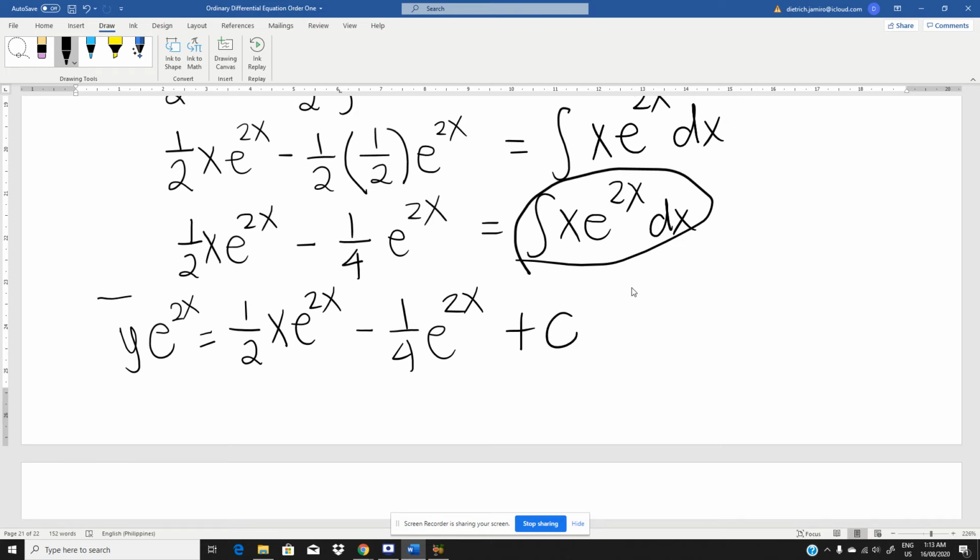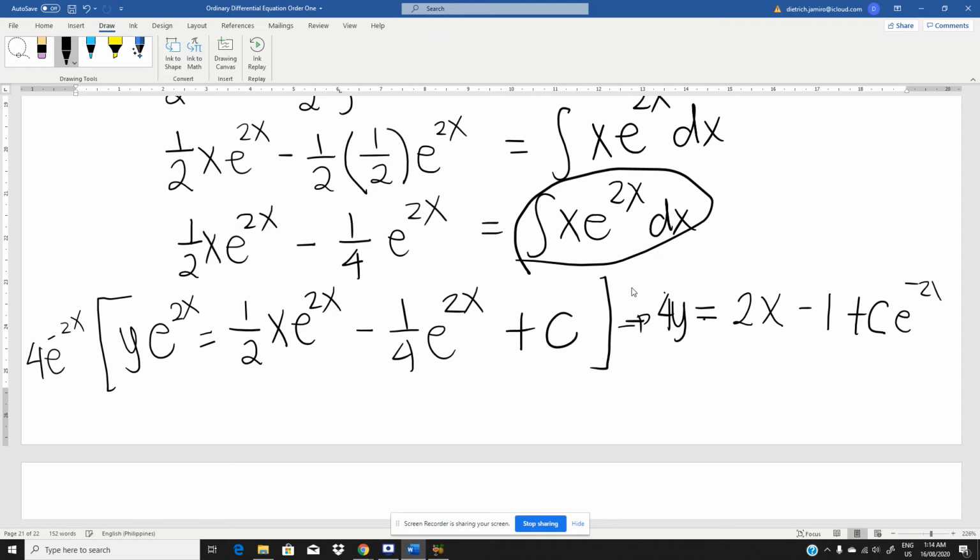Multiplying both sides of the equation by 4 e raised to negative 2x, we will come up with this answer. We will have 4y is equal to 2x minus 1 plus c, and then e raised to negative 2x.